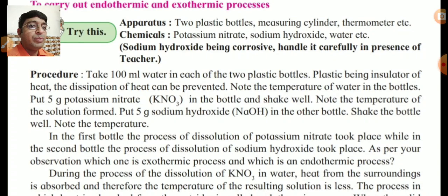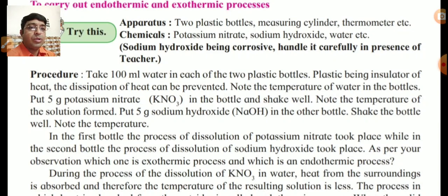Put 5 gram potassium nitrate, KNO3, in the bottle and shake well. Note the temperature of the solution formed. Put 5 gram sodium hydroxide, that is NaOH, in the other bottle. Shake the bottle well and note the temperature with the help of a thermometer.